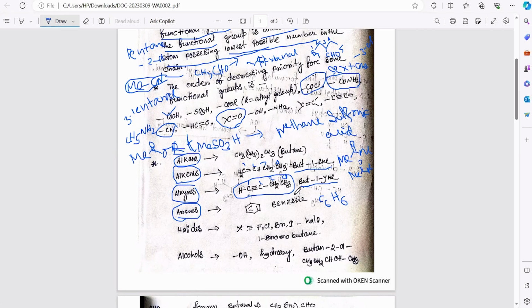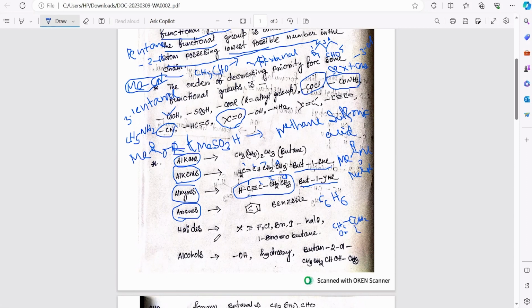If you see a compound containing chloro, bromo, or iodo, let's say butane with one bromine atom in one position, I'll give an example. Suppose CH3, CH2, CH2, CH2 with Br. The total is 1-bromobutane.